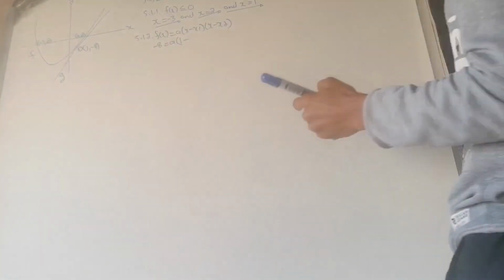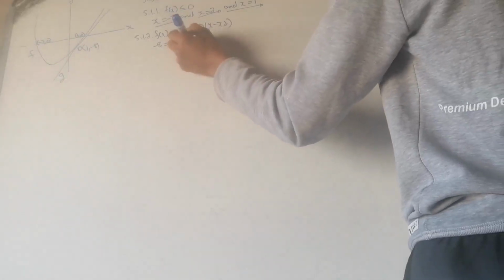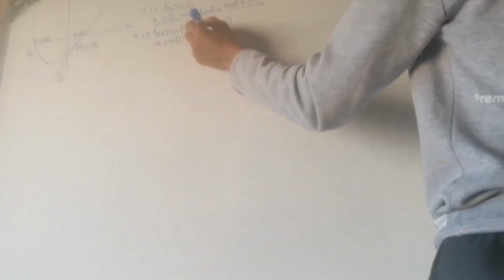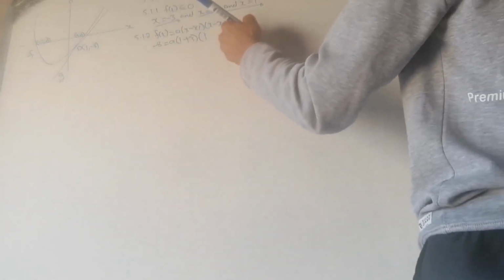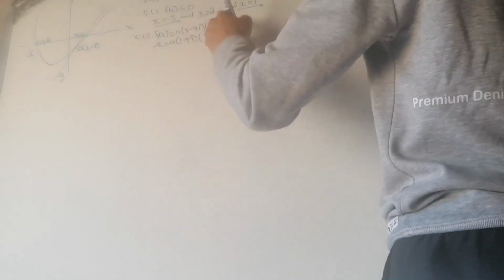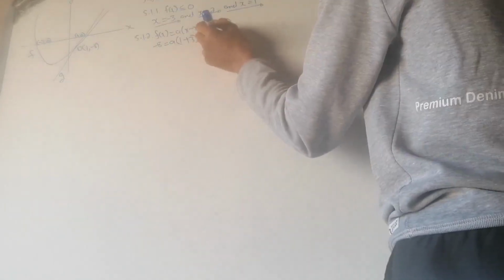Your x1 is -3, so negative times negative is positive, x minus x1 gives 1 plus 3 which is 4. x2 is 2, giving 1 minus 2, which is negative.